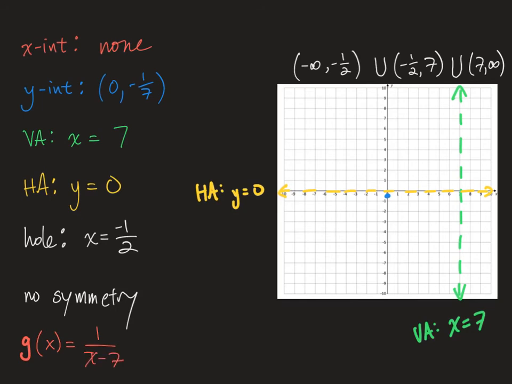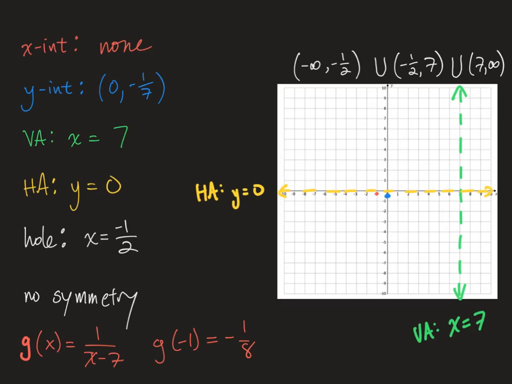You can pick a value that is in this interval here, and let's just say -1. So when you find g of -1, you get -1/8. So that point would be -1, -1/8. I don't know, right about there? Sure.